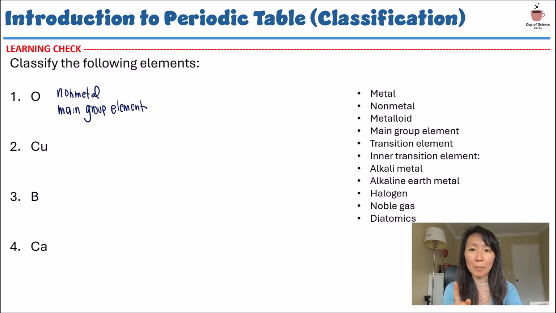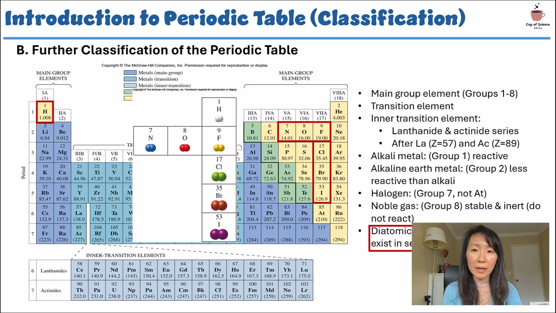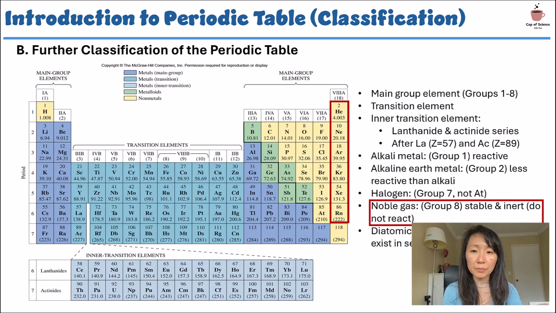What about copper? Okay, so I'm going to go back again to the periodic table. Copper is number 29, and copper is a metal, right? It's in that blue shaded region. Not only is it a metal, but it is part of the transition elements, but it is not an inner transition element. It is just a transition element.